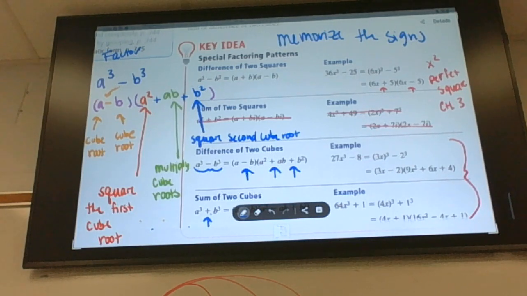But if you start with plus, you square the first, multiply together, square the second, it goes plus, minus, plus. So the sign pattern is different. Plus, minus, plus, or minus, plus, plus. You have to memorize those signs.